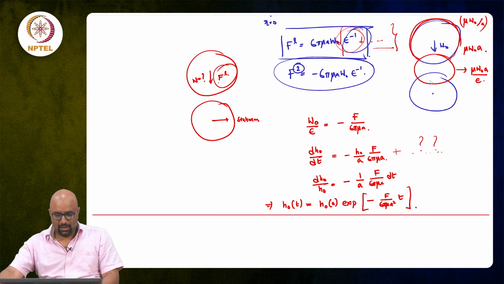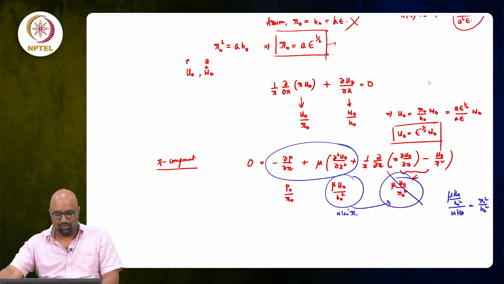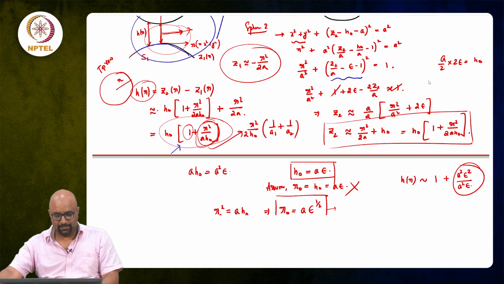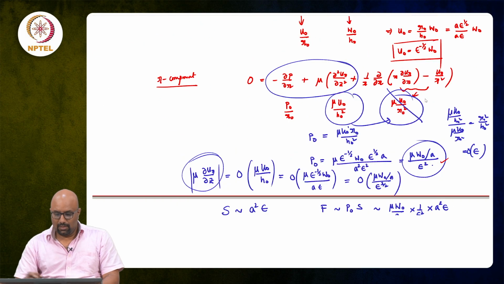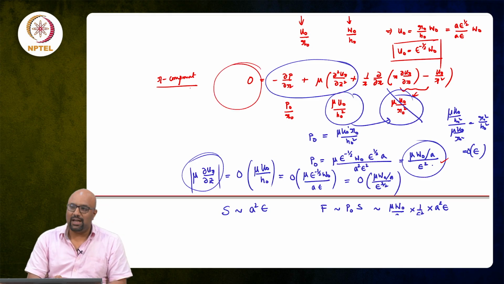And whatever I did here today, the starting point was the Stokes flow equations, but you can go back and check that the terms that we have not taken into account, as the gap gets smaller and smaller, those inertial acceleration terms actually become negligible.